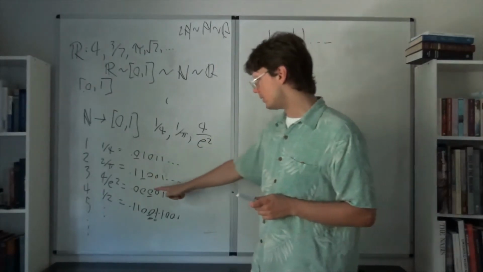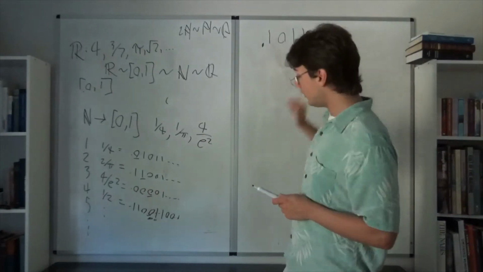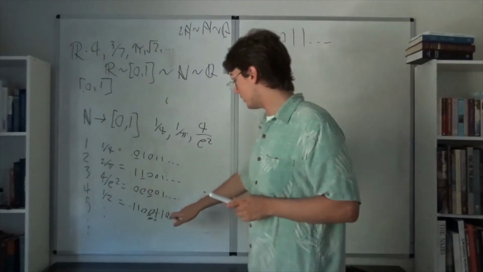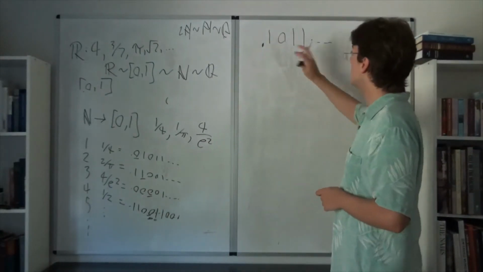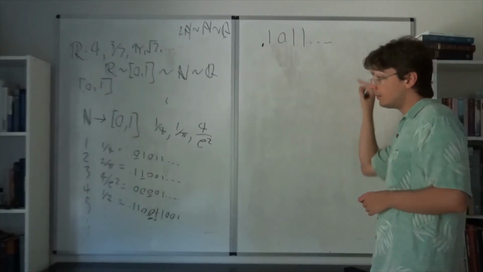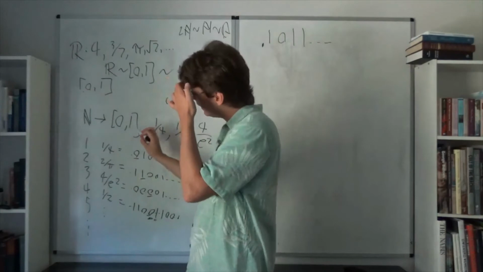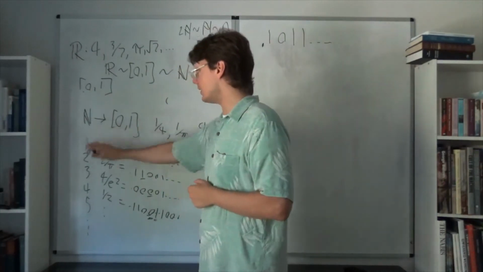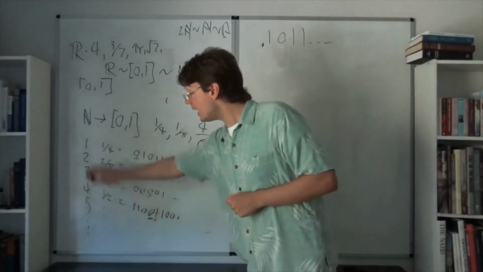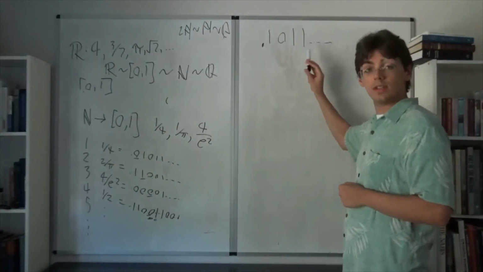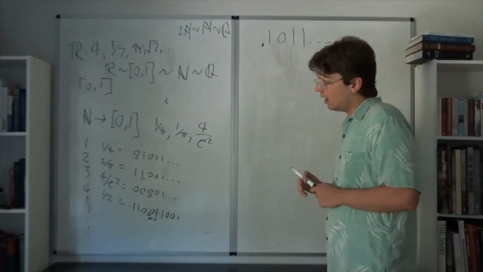You can't fit it into the second guy. You can't fit it into the third guy. You can't fit it into the fourth place, and so on and so forth. This number, this element from 0 to 1, is not listed. There is no natural number which includes this in its list.